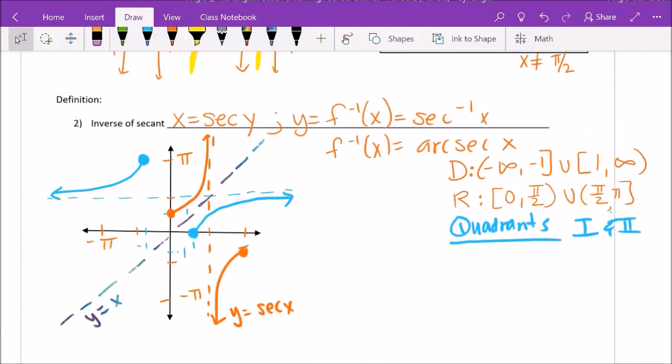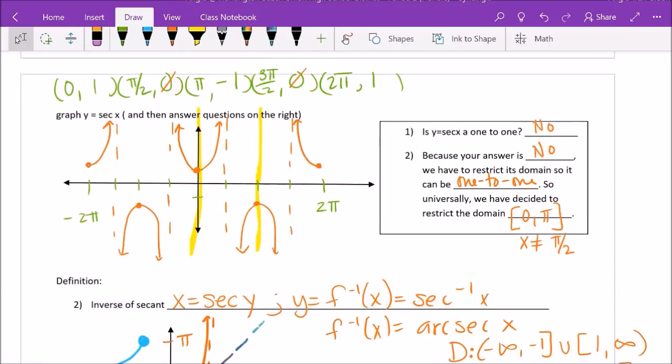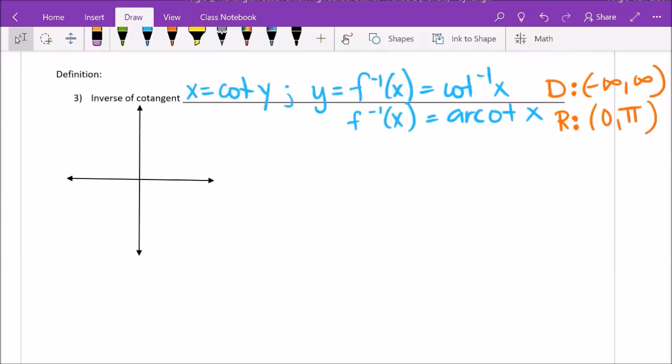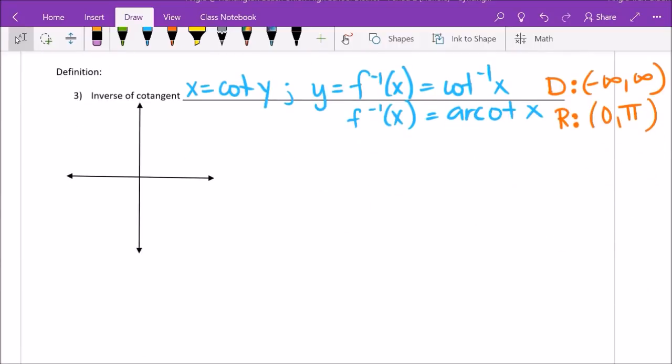No? Is it 1 and 4? So let's look. 0 to what? Because as you know, more often I would just say, hey, what 2 quadrants is cotangent inverse in? And you would say 1 and 2.